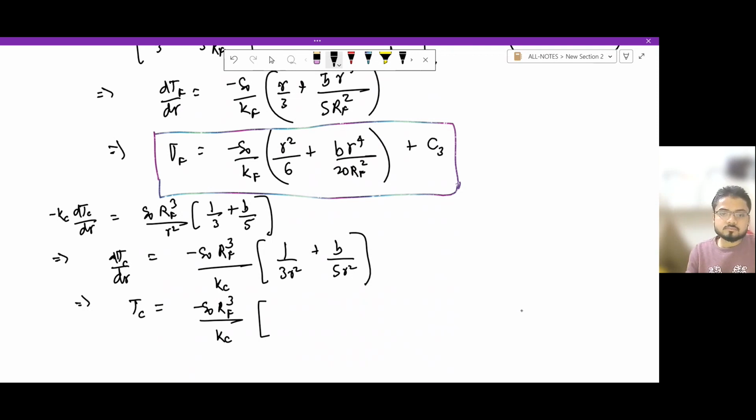And integration of 1 over R squared dr would be equal to minus 1 over R. You can see that.